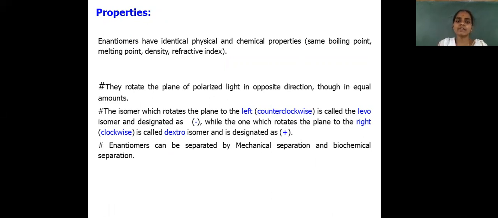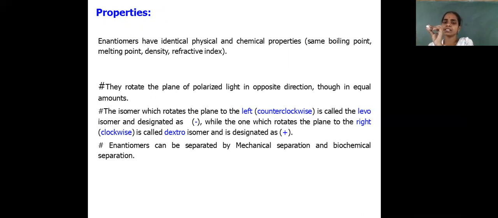That means one isomer rotates clockwise and the other isomer rotates anti-clockwise. That is dextrorotatory and levorotatory. Dextrorotatory: when the plane polarized light acts on an isomer, it starts its orientation towards the right side or the left side.